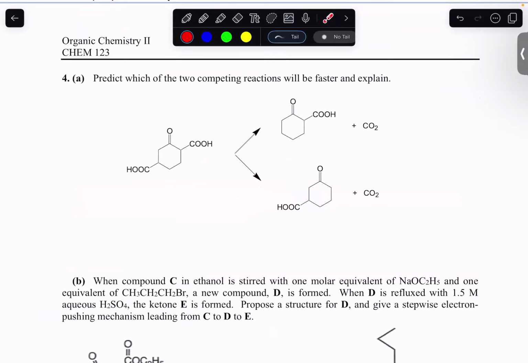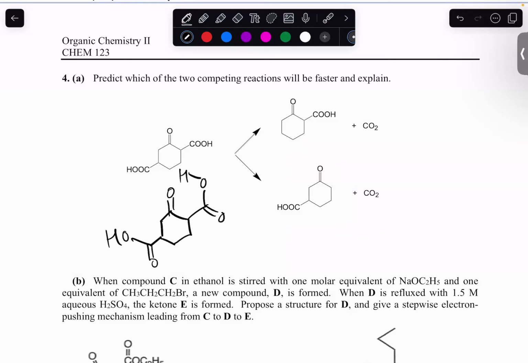Yeah, that's right. The bottom one is faster because I'm going to draw out the carboxylic acid in its actual form, but I'm gonna draw out the top one in this kind of way, where you notice how there's an H bond interaction going on right here that is very stabilized. So that's just gonna do that, and then do that.